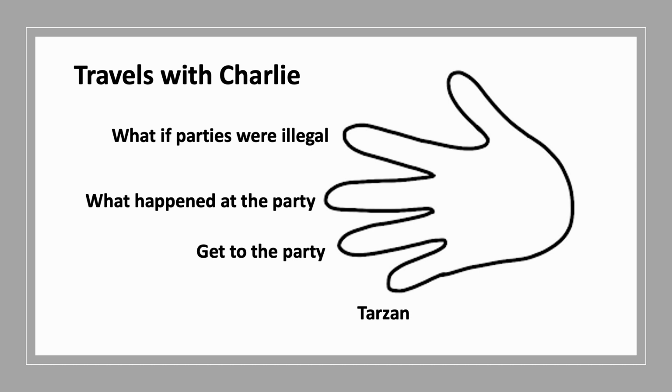Get to the party, an intermediate level of speaking. Ring, ring, ring, hello. There's a party happening. Oh, okay, well, where is the party? When is the party? Who's all going to be at the party? What am I going to wear? What should I wear? What are you going to wear?